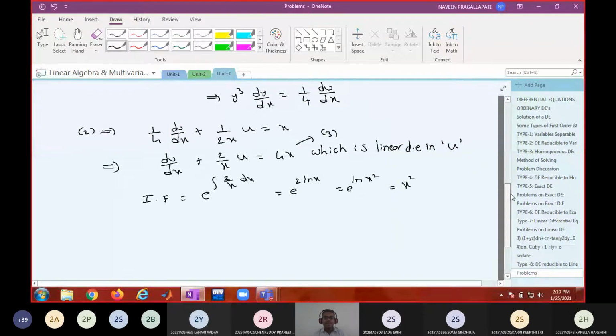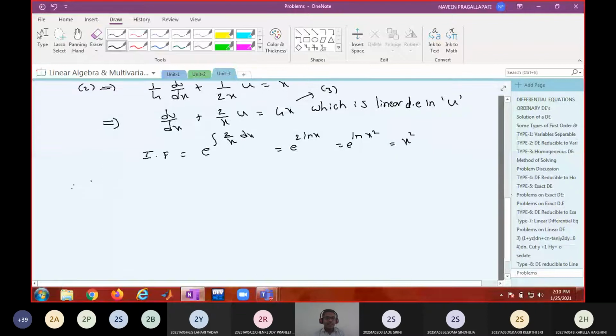Therefore, what is the general solution of 3? The general solution of 3 is u into the integrating factor equal to the integral of the integrating factor into the right hand side function.